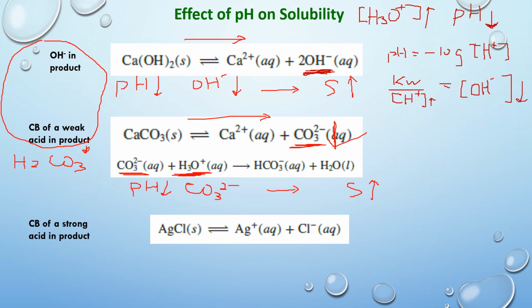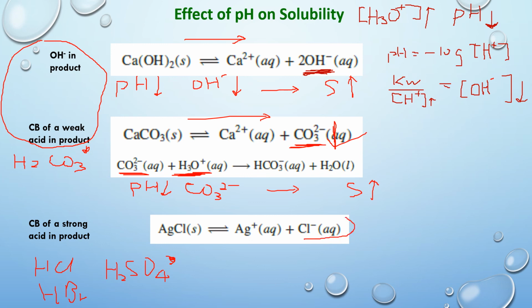Here in these examples, we see why it happens. But for a compound that contains an anion from a strong acid, for example hydrochloric acid or hydrobromic acid, or even sulfate, which comes from sulfuric acid, these anions are conjugate bases of strong acids.